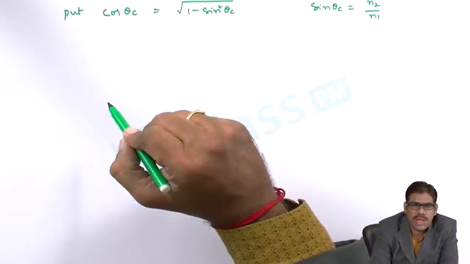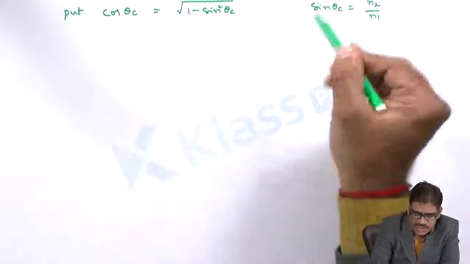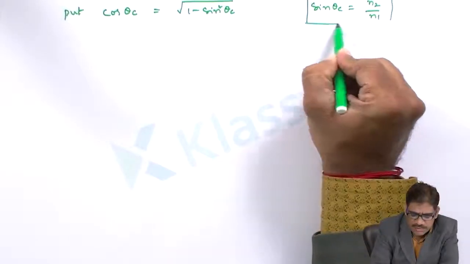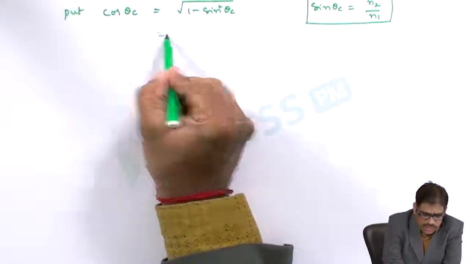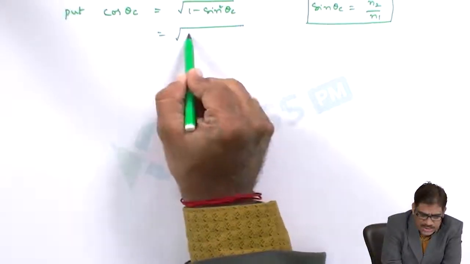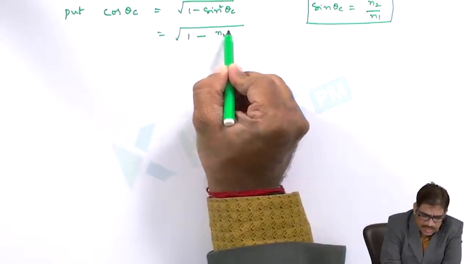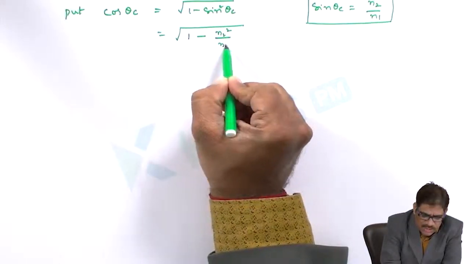So this is from the laws of refraction. Sin theta c is equal to n2 by n1. We apply the condition for this one, right? So we write this one as 1 minus sin square theta c is nothing but n2 square by n1 square.